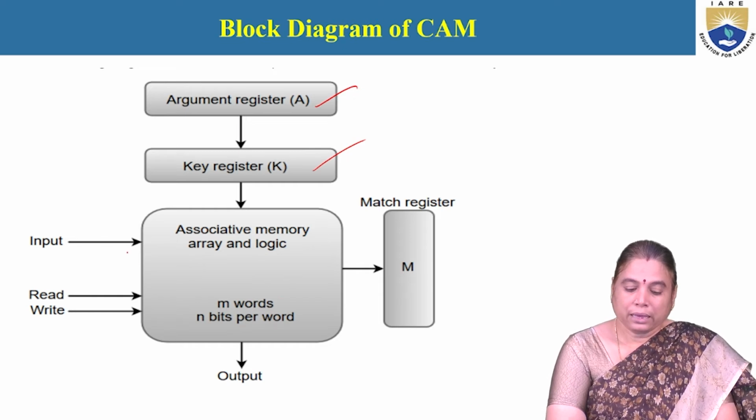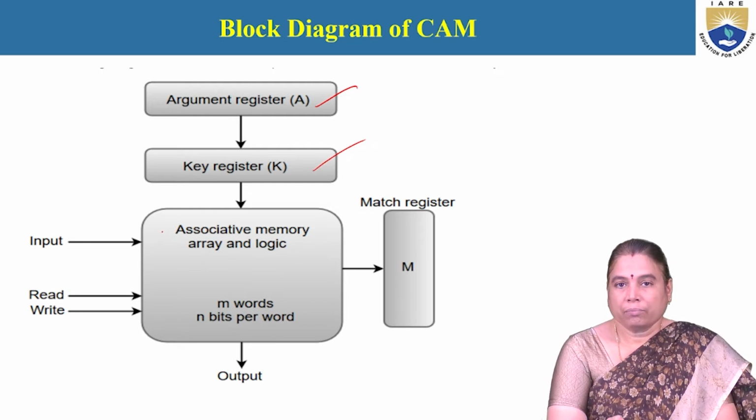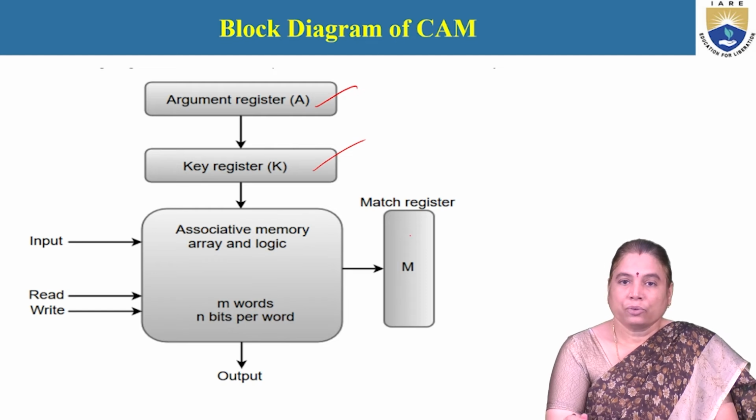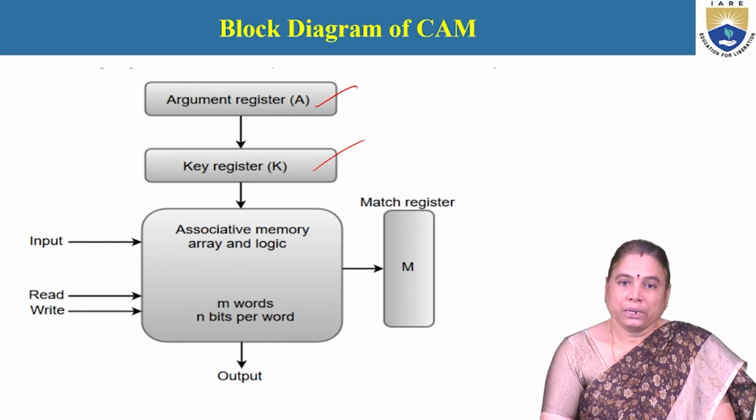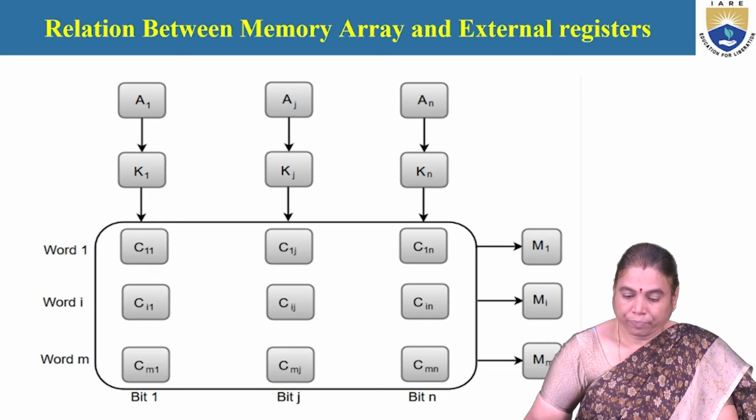It can receive input and read-write signals, and if the corresponding cells are identified that match the argument register, the match register value can be marked so that the search operation is successful. In this way, the content addressable memory can work.